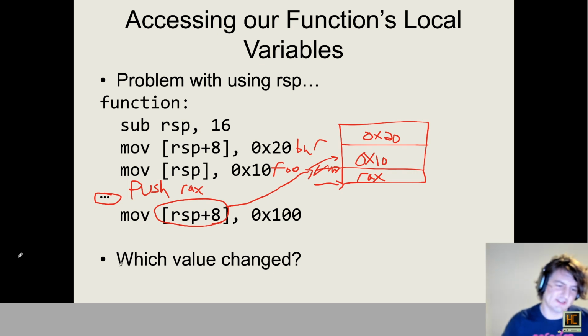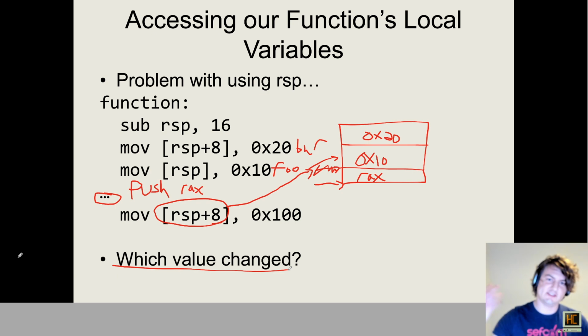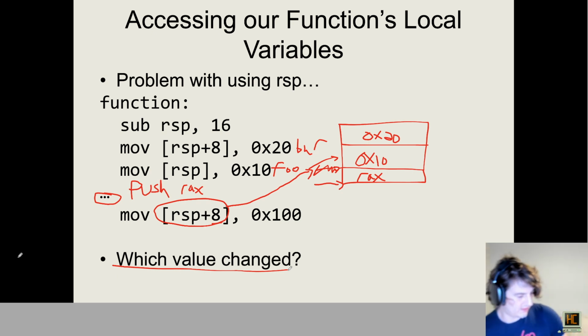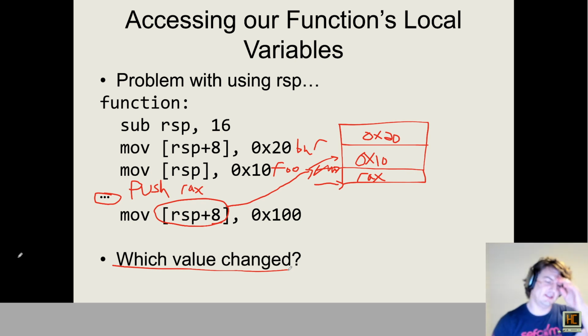So the point here is that by using the stack pointer, we can't know what value has changed, because the stack can change while the function is executing. If we are using temporary values, the compiler can decide to store some variables onto the stack and then pop those off later. As long as when we leave our function the stack is at the same location, then we will be okay.